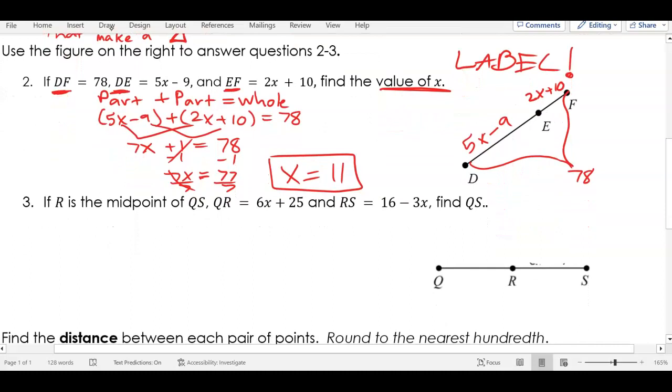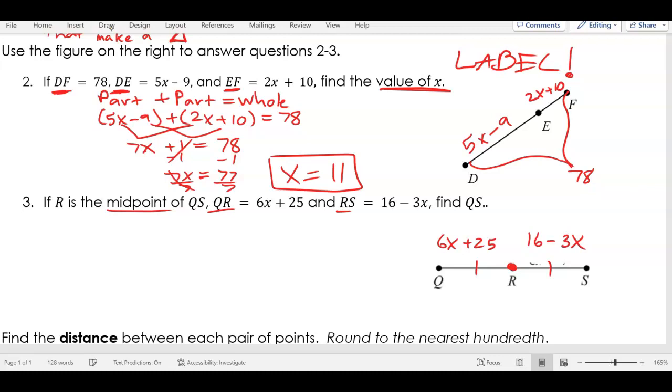All right, number 3, R is a midpoint. Midpoint! Okay, that means that this half and this half are equal. So it says QR is 6x plus 25. RS, the right half, is 16 minus 3x.